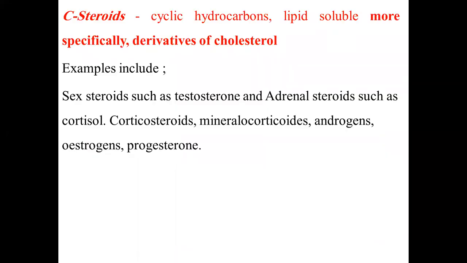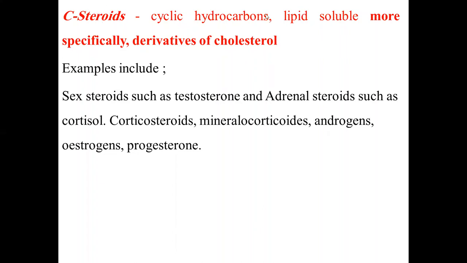So we have another classification of hormones according to chemical nature: the steroid hormones, or steroids. Steroids are cyclic hydrocarbons, lipid soluble, more specifically derivatives of cholesterol. Cholesterol is the precursor of the steroid hormones.